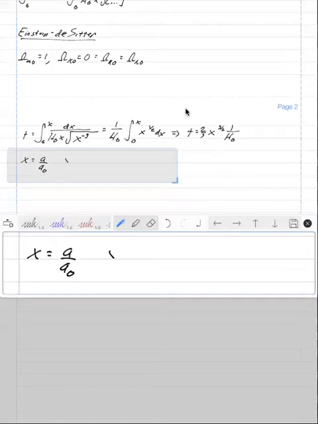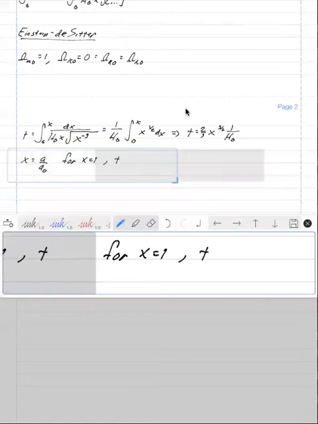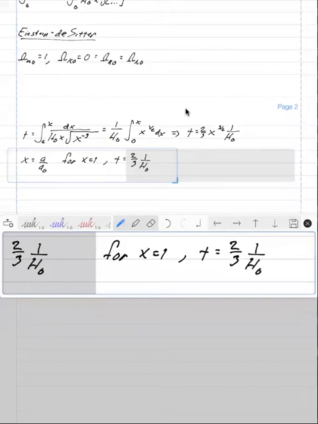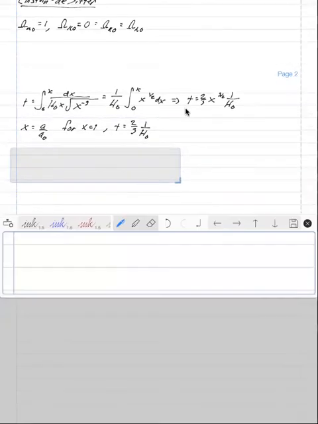And so for x equals 1, which is today, we have that t is equal to 2/3 times 1 over h naught. And that's what we got last time.